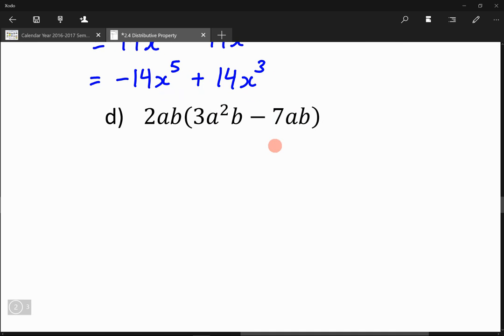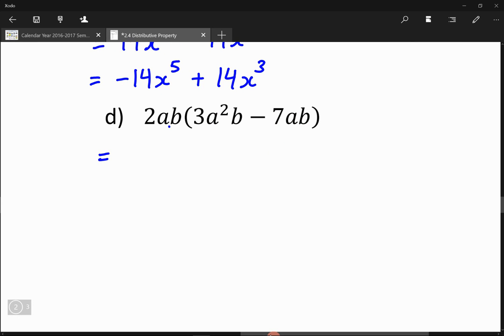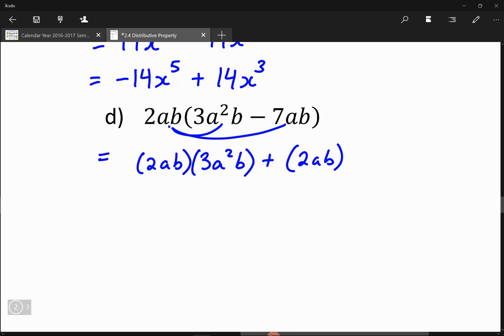Okay, next one. Now, multiply the monomial. Now we have monomials and then monomials inside as well, multiple variables, same process, okay? So here I have 2ab multiplied by 3a squared b plus 2ab multiplied by negative 7ab.